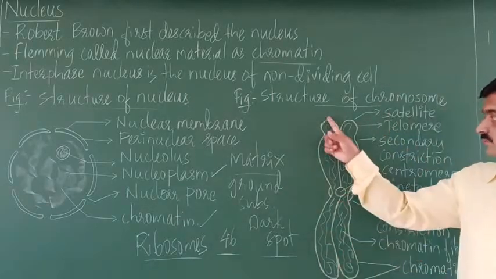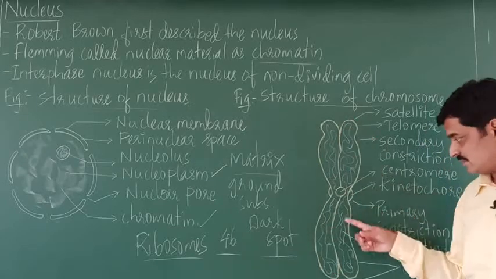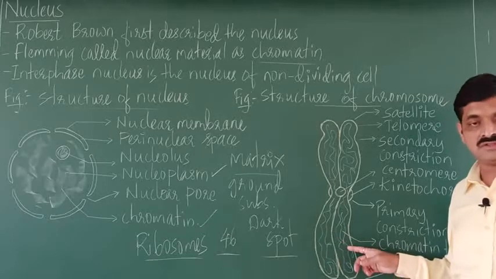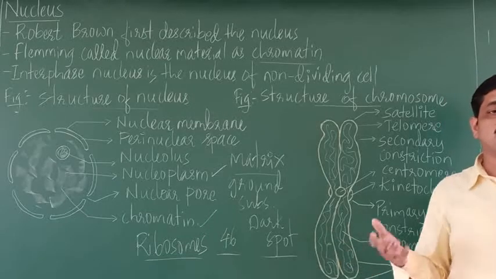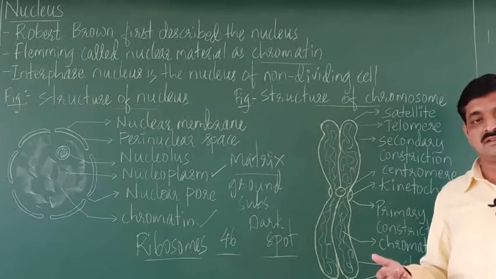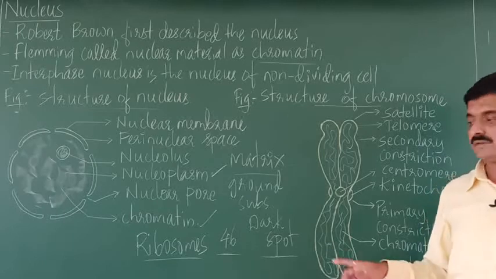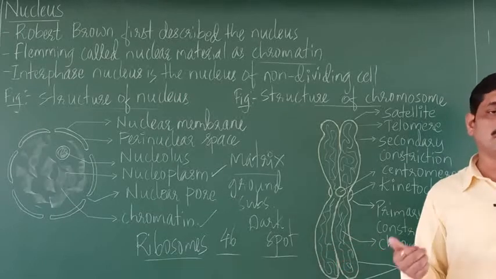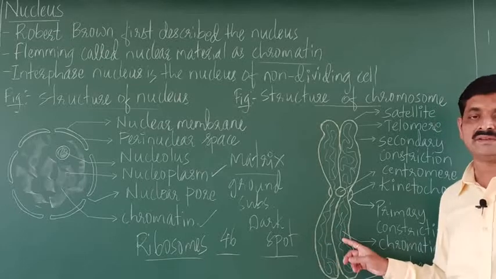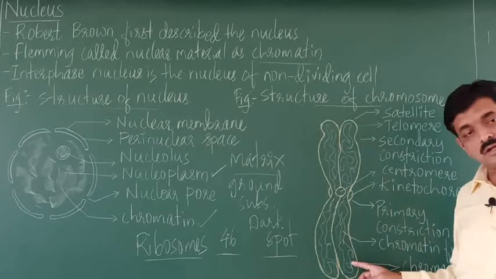Here this is one strand, this is another strand. We can call it double-stranded, or we can say each strand is called a chromatid. So here there is a pair of chromatids.